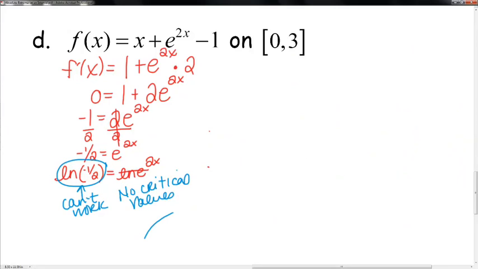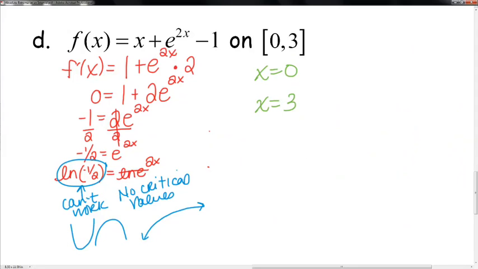So we're talking about maybe some sort of curvature. Even though it's curving up or curving down, I still don't have a maximum or a minimum. So our best bet is just to plug in 0 and 3 and see what we get.